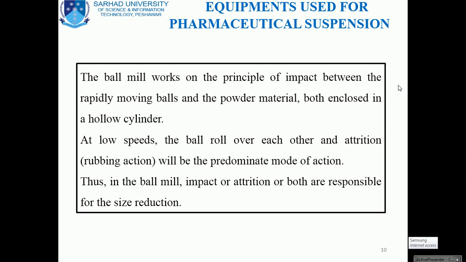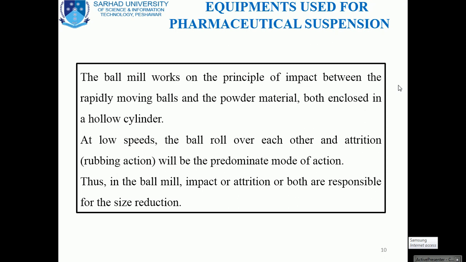The impact action is generated between the rapidly moving balls, which are composed of either stainless steel or rubber and occupy 30 to 50% of the total volume of the mill, and the powder material that we want to process.